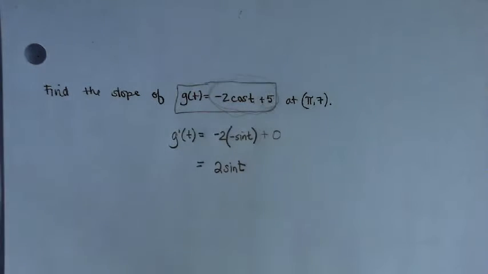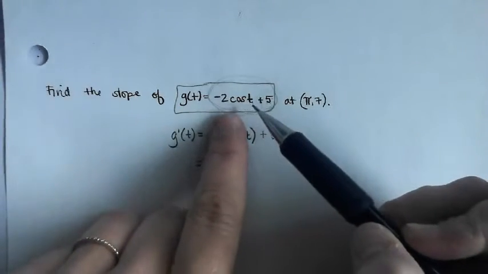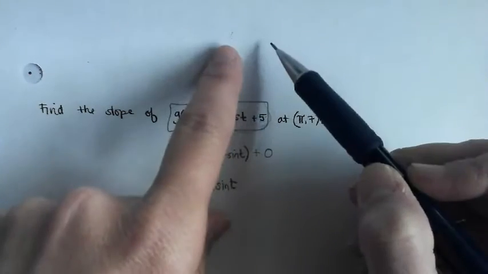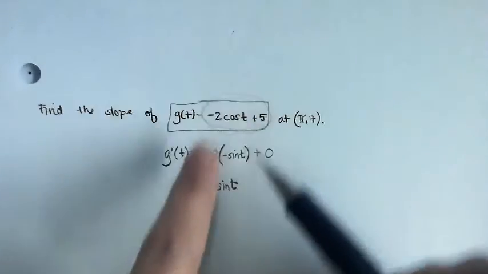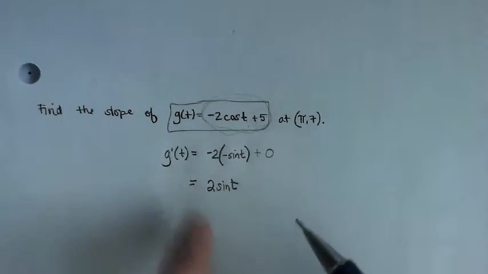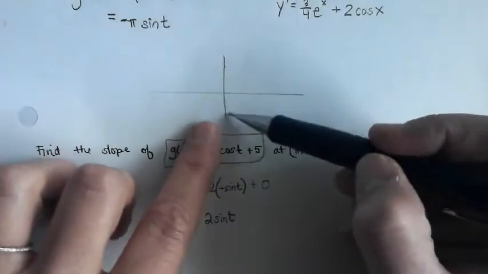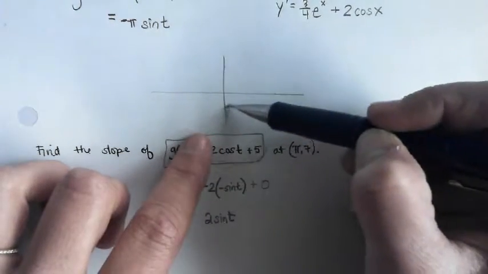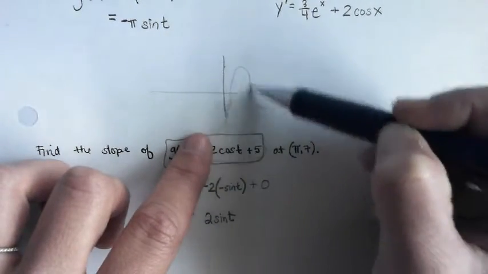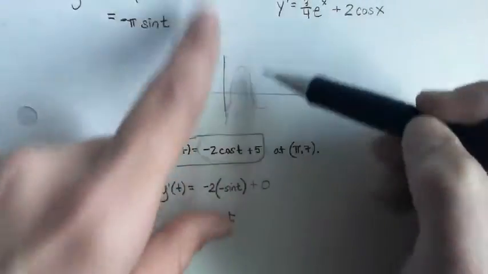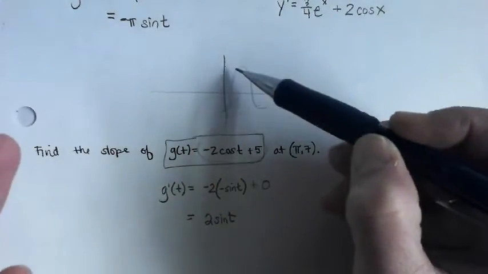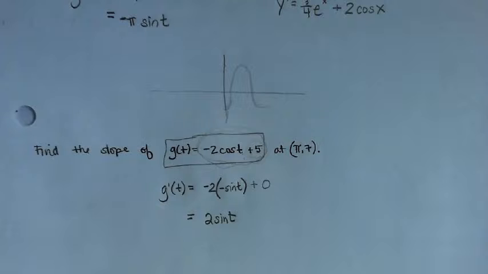Yeah. Whether you have this negative 2 cosine t shifted up 5 or down 7 or up 25, whether the negative cosine graph, which looks like this, is shifted up 5 or up 25, the slope at any given value is not changing, right?